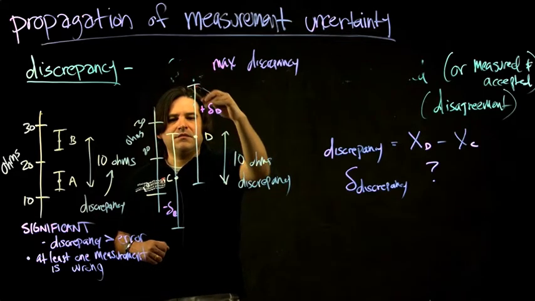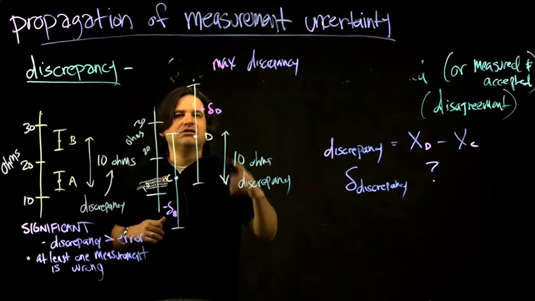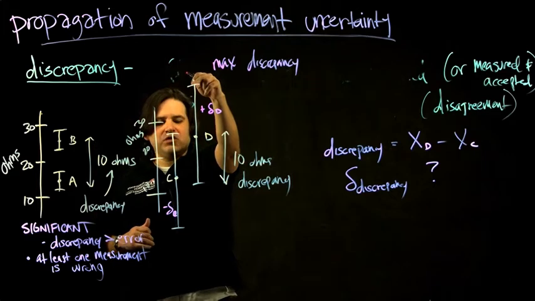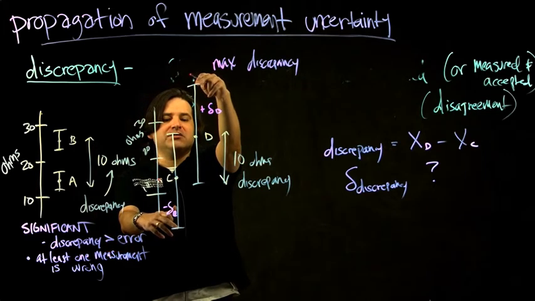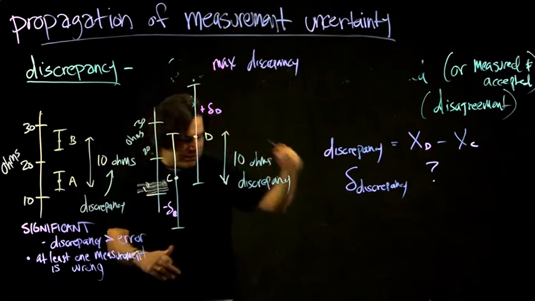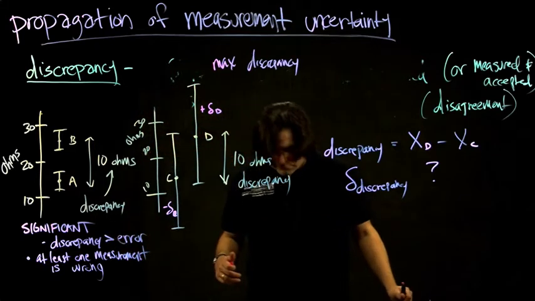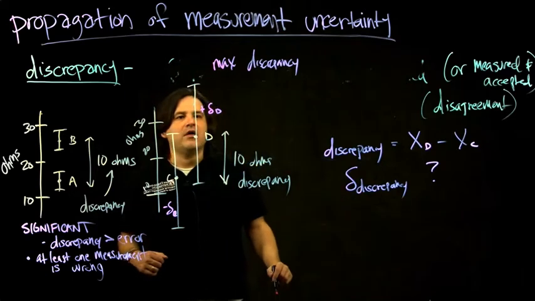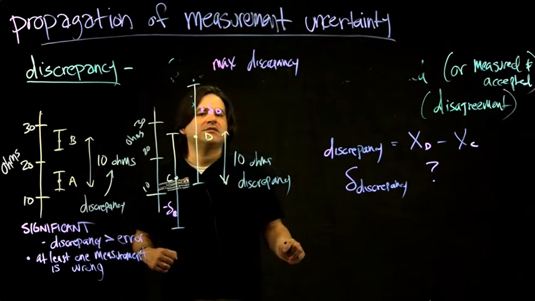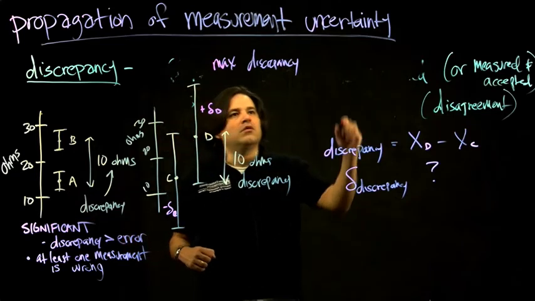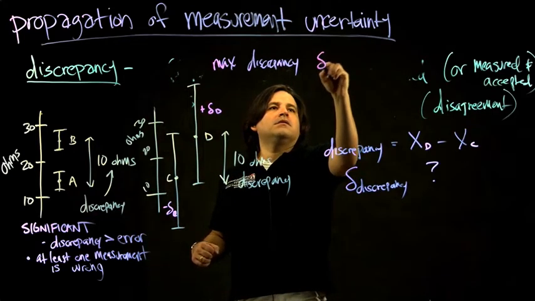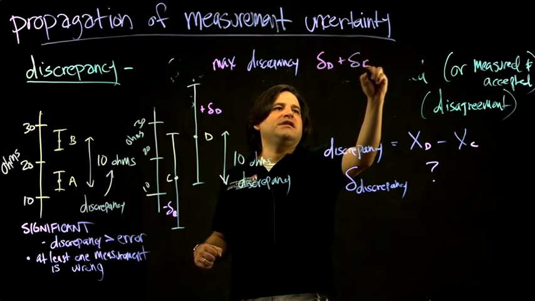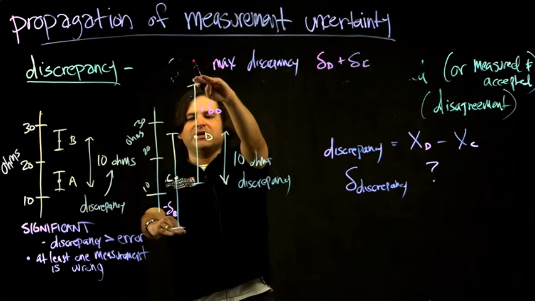So if we're taking the difference, if you were to take this value minus that value, that would be a big discrepancy. That would be one possibility. So the maximum error would be the error due to sigma D plus you add on the error due to sigma C. So that would give you the biggest range of possible values.